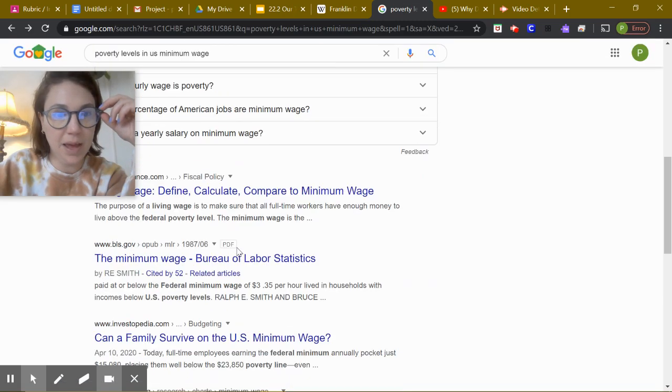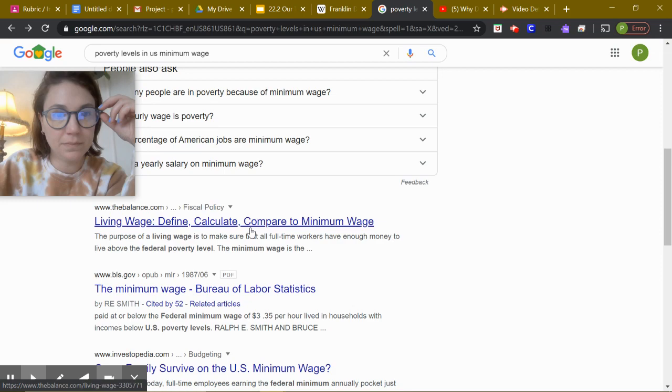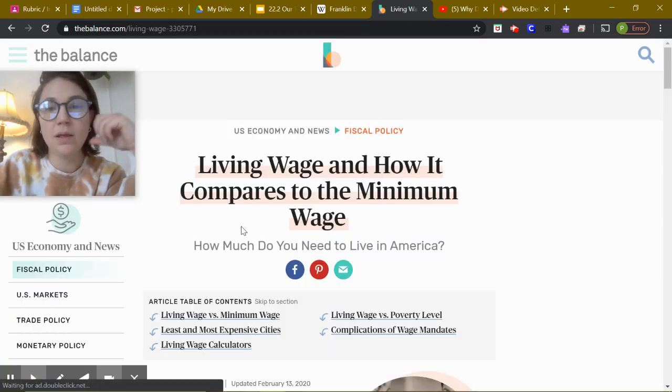There was an interesting map I had seen before. The living wage, let's see.